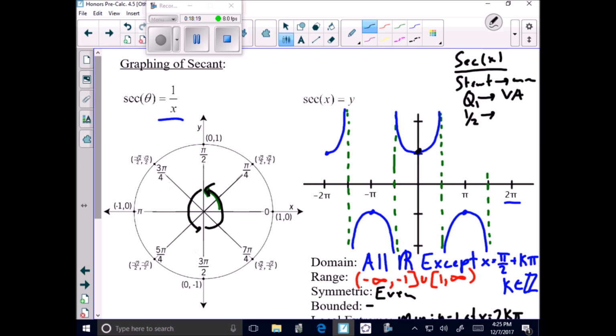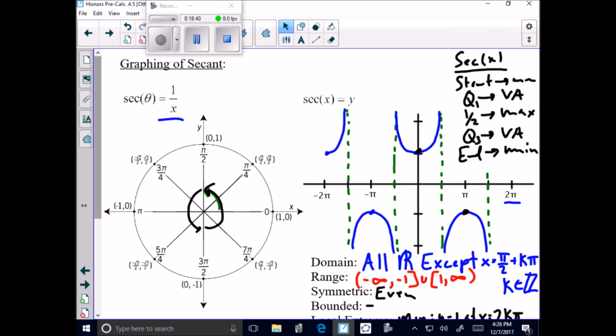Halfway, we see a max. That's the local max we're seeing right there. In its third quarter, we are seeing a vertical asymptote again. And then finally, it ends back at that min. And so that is one period of secant.